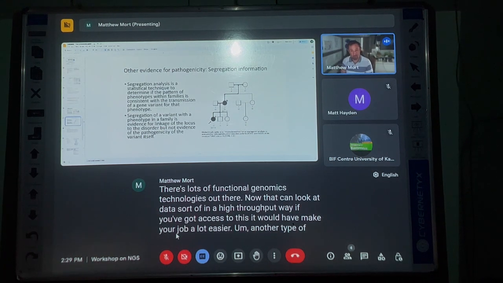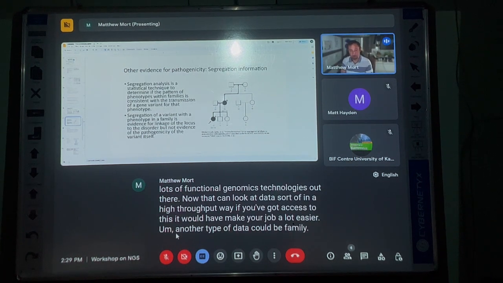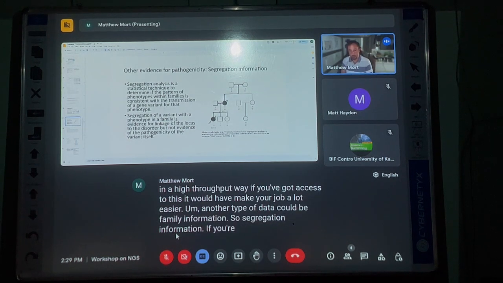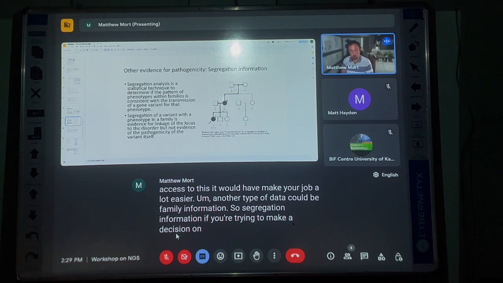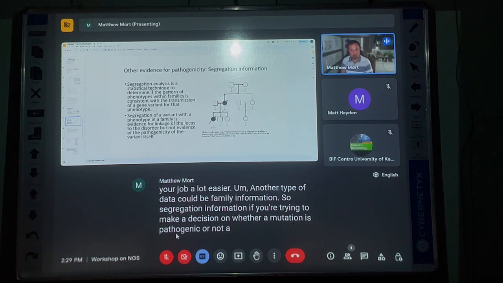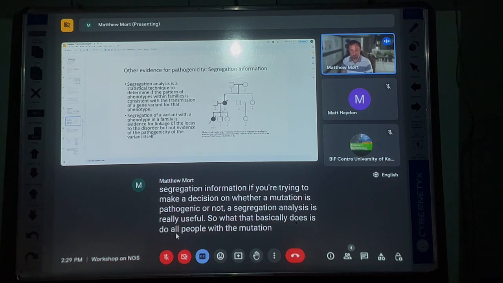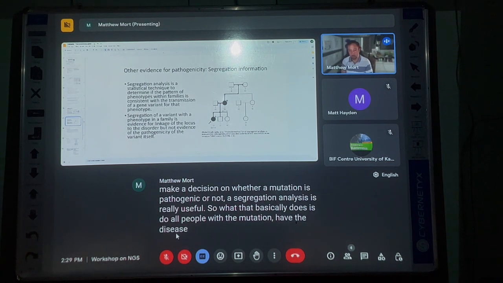Another type of data could be family information, so segregation information. If you're trying to make a decision on whether a mutation is pathogenic or not, a segregation analysis is really useful. So what that basically does is, do all the people with the mutation have the disease at a high level?